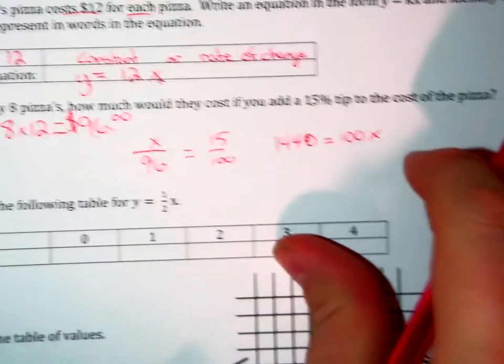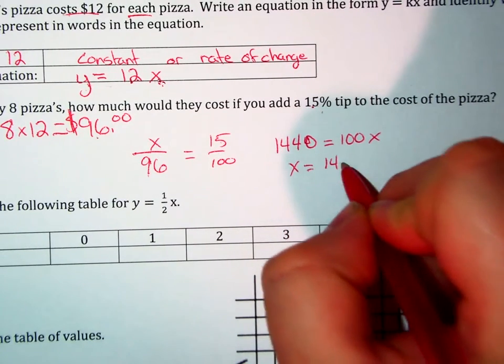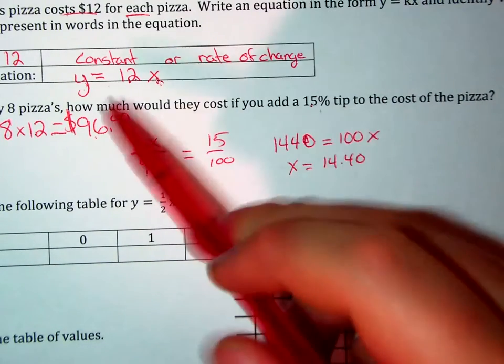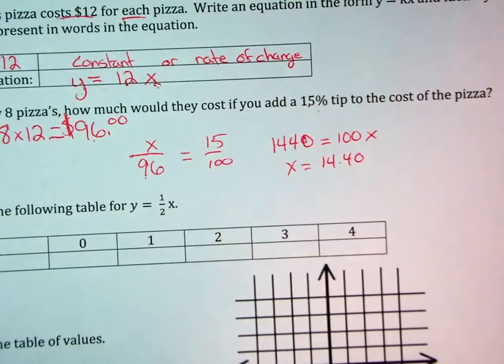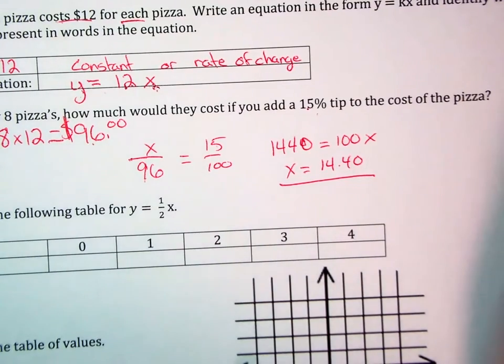Divide both sides by 100 and determine that x equals $14.40. Well, naturally, I'm not paying $14.40 for the pizzas and the tip. Rather, this dollar amount represents just the tip.